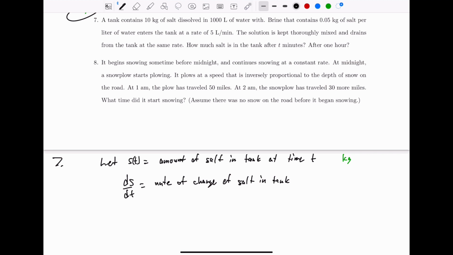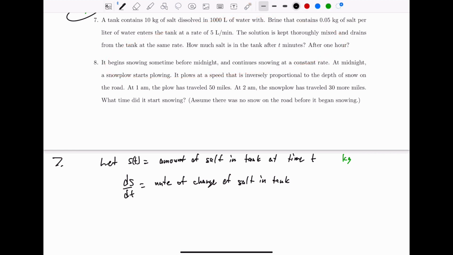So we've got a certain solution of salt, but a saltier solution is flowing in. And so eventually the solution inside the tank will get more and more salty. And hopefully we won't get more and more salty as we solve the problem, because it will be admittedly a rather long problem, but stick with it. It's really cool how we can apply differential equations in a situation like this.